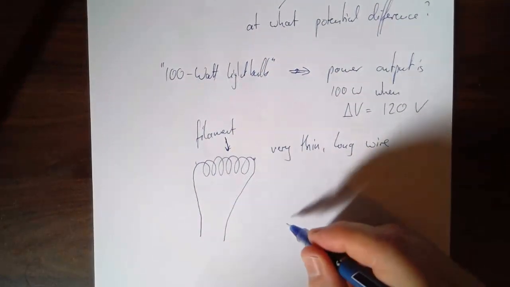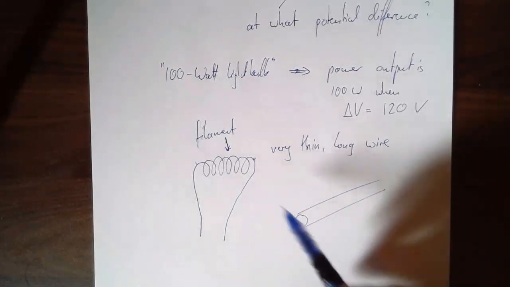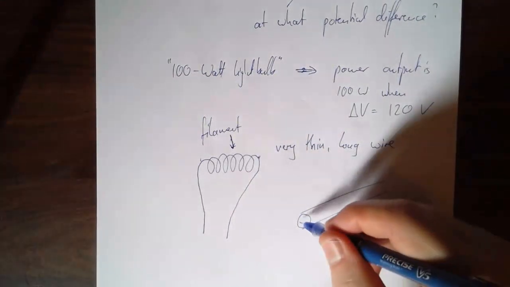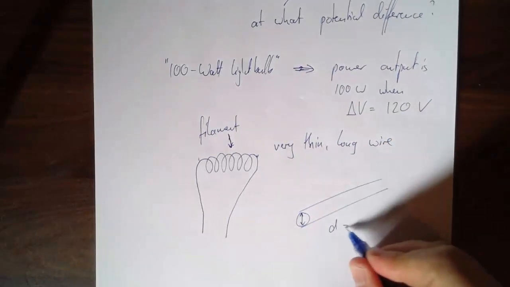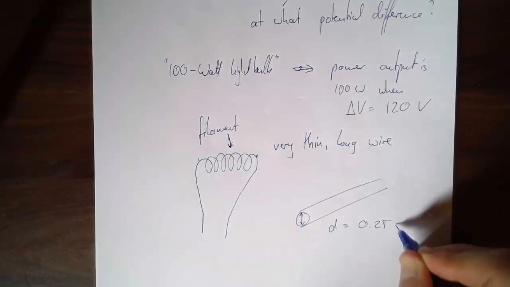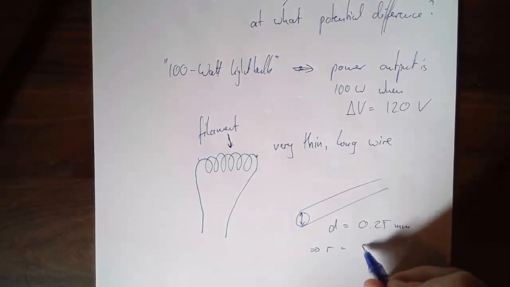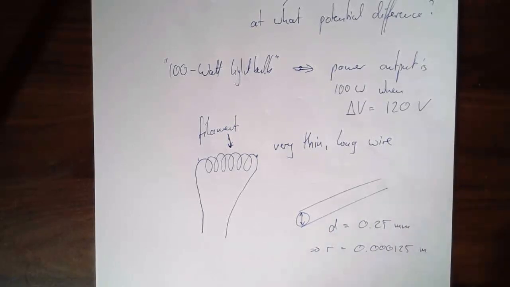This wire here, we zoom in, of course it's a wire, we can pretend it's straight, and just zoom in on a tiny bit of it. And we're asked about the current density. We're told the diameter D is 0.25 millimeters, so that implies the radius is half of that, or 0.000125 meters.